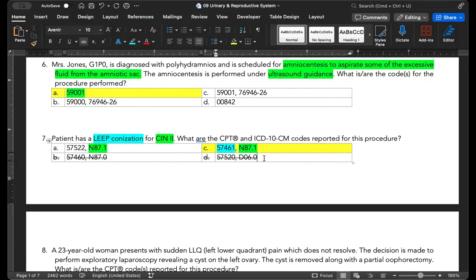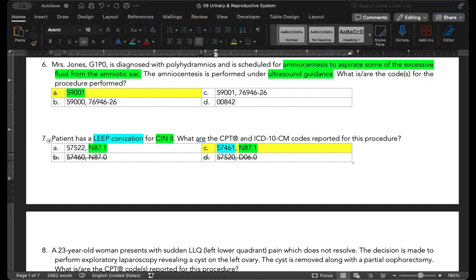Tiffany, what does LEEP stand for? It is loop electrode excision, and then the P is, let me look it up because I don't want to say it wrong. If you didn't know the procedure, where would you look that up? Would you look it up under the tabular?